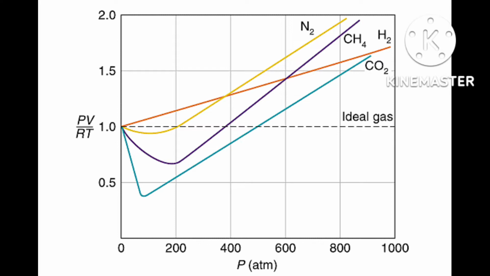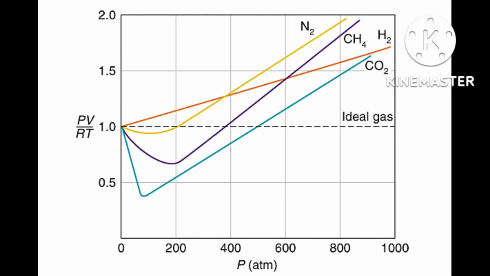For ideal gases, Z is equal to 1. At high pressure, all gases have Z greater than 1, and these gases are more difficult to compress. At intermediate pressure, most gases have Z less than 1. These three things you should keep in mind.